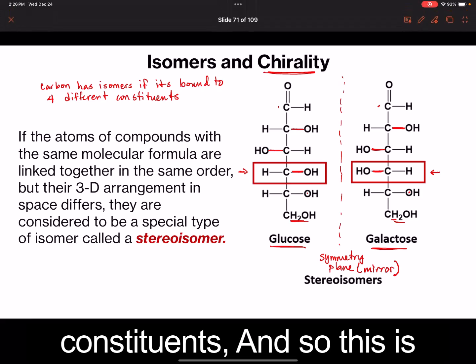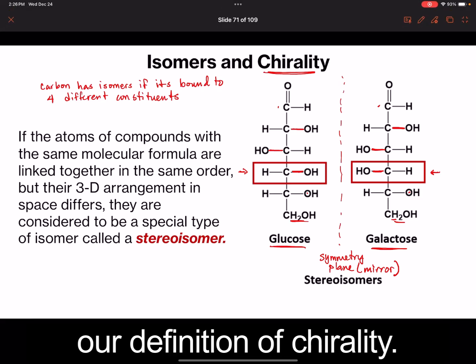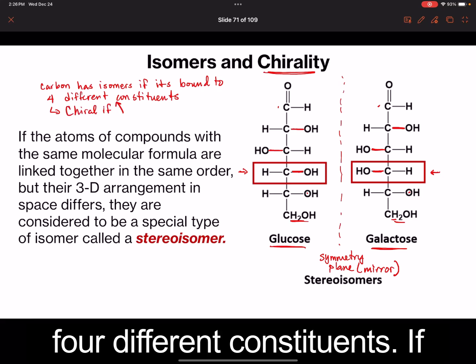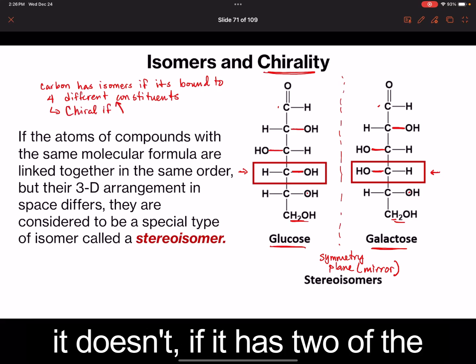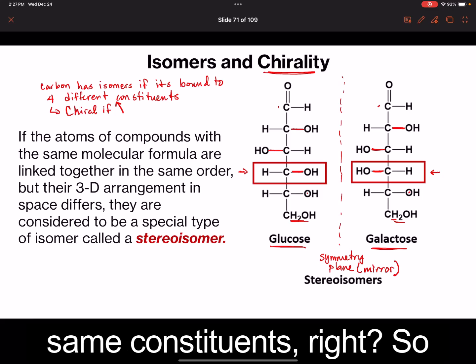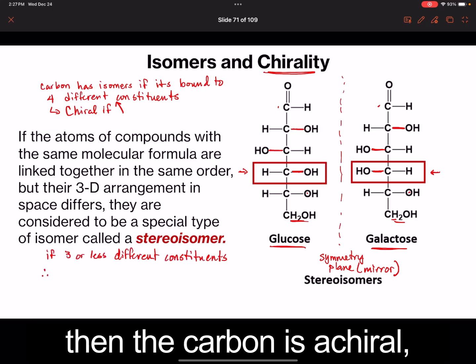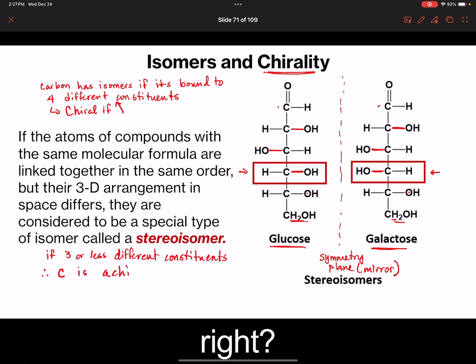This is our definition of chirality: it is said to be chiral if you have 4 different constituents. If it has 2 of the same constituents, so 3 or fewer different ones, then the carbon is achiral.